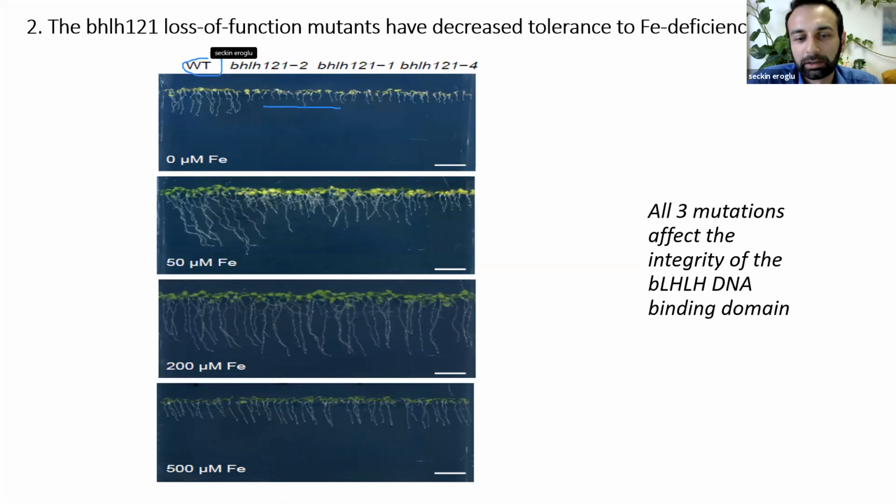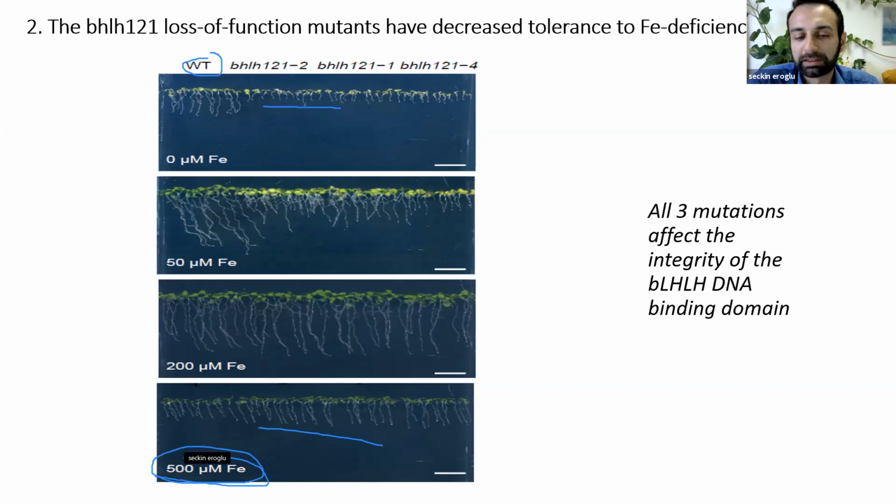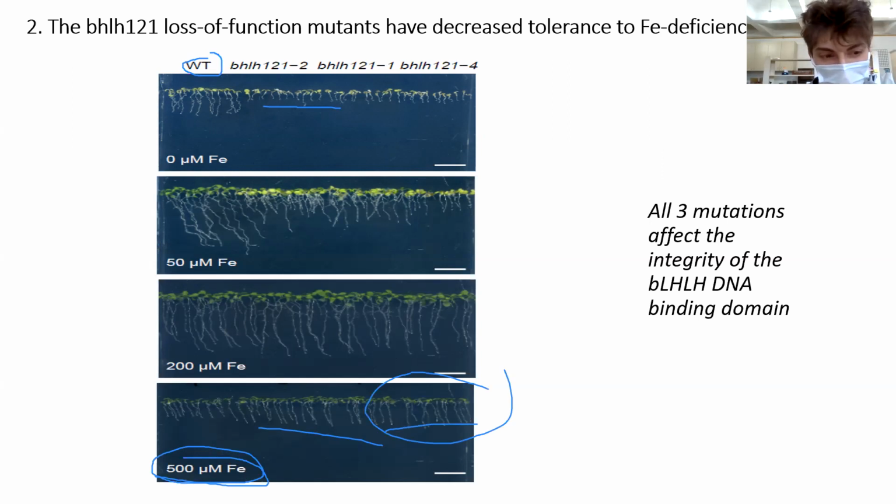Yes. And if you put too much iron, then the ones which are unable to take up iron will be advantaged. Okay, I understand. Yes, because this is too much. This is bad for the plants. If you have too much of a bad thing, if you're unable to take it, it's an advantage. Okay, so my guess was right, I guess.